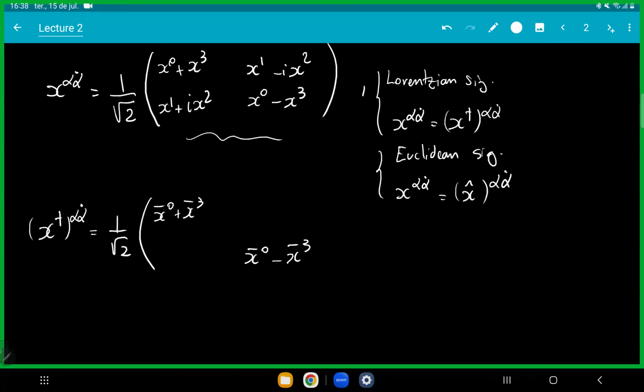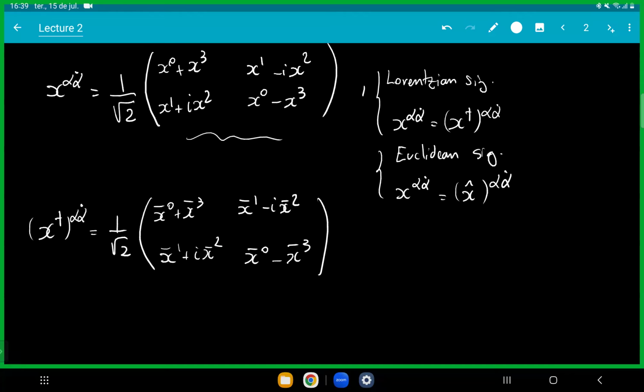The two off-diagonal elements exchange with each other. So you get x bar 1 minus i x bar 2, which comes from exchanging this first element with this one and changing the sign of the i's, and then x bar 1 plus i x bar 2 over here. So all I did was take the complex conjugate and the transpose.